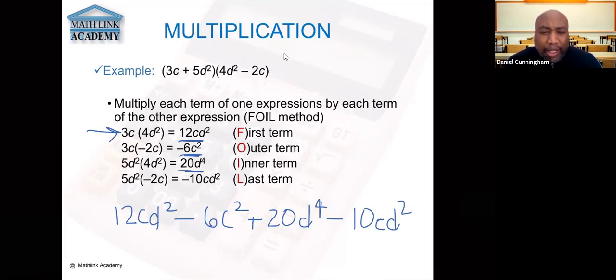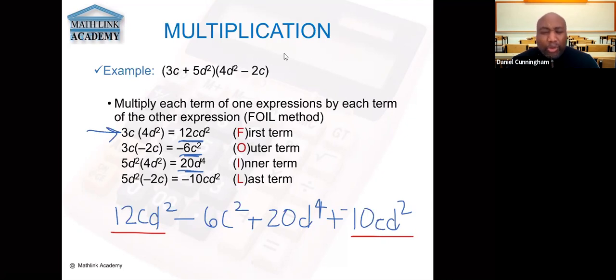Now, before you circle that, see if there are any like terms. Do you see any like terms? Actually, I see some if we did this correctly. Look at this, guys: the 12CD squared and the minus 10CD squared. To make it easier to see, I'm going to put this as a plus negative.